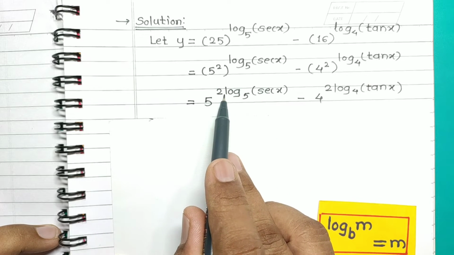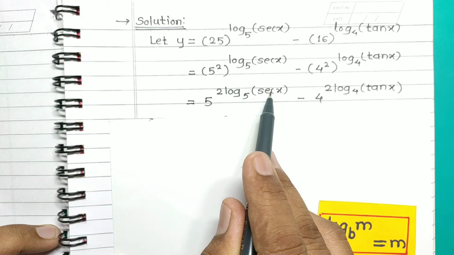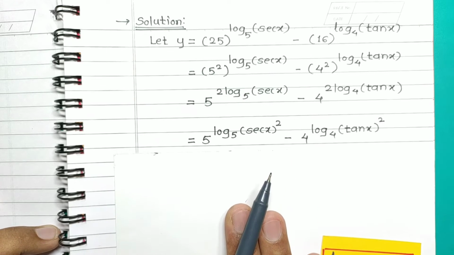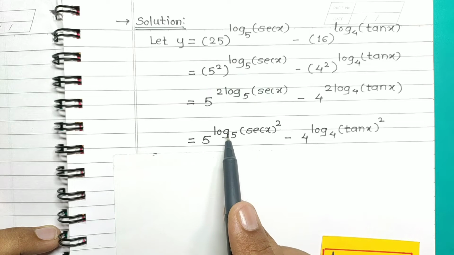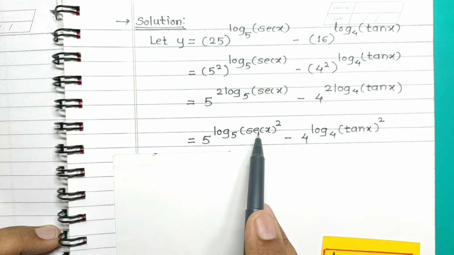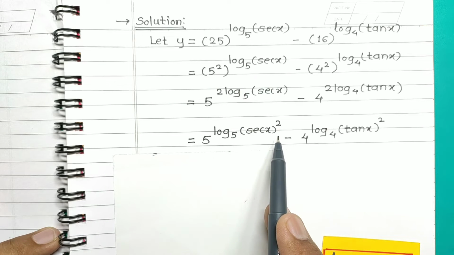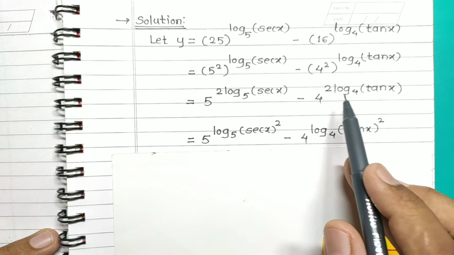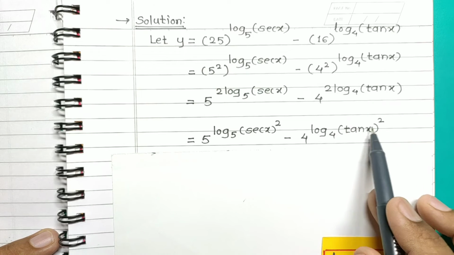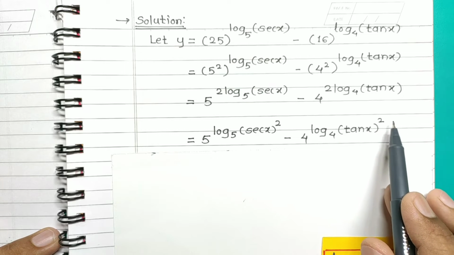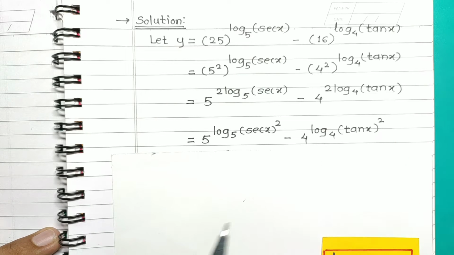We are going to raise this 2 to the term in the logarithm. So we can write it as 5 raised to log of sec x square. This 2 is raised here by using law of exponent. Again same here, 4 raised to, this 2 is raised to the term in the logarithm. So we have 4 raised to log of tan x bracket square to the base 4.